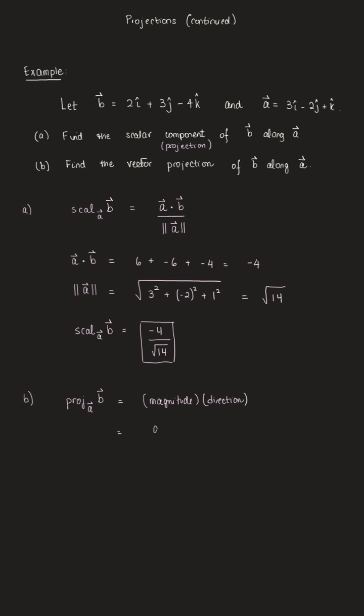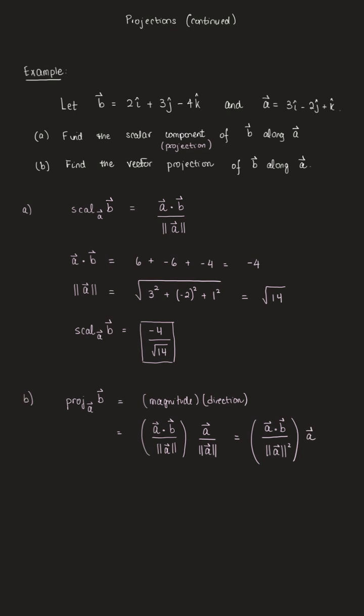It's going to be the scalar projection of b onto a, which is a dot b divided by the magnitude of a, and the direction of our projection will be along a. So that's going to be a divided by its magnitude. So just a way to remember this formula, we can also write this formula as the dot product of a and b divided by the magnitude of a squared. That's a scalar, and that scalar multiplies vector a.